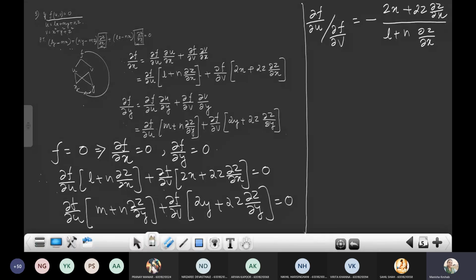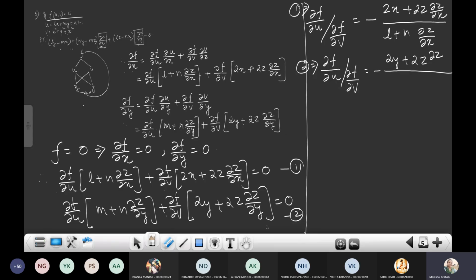So we'll get minus 2x plus 2z del z del x upon l plus n into del z del x. Similarly, let me say this is equation 1 and 2. So 2 will imply what? 2 से हमें मिलेगा same del f del u upon del f del v will be equal to what? Minus, here we will get 2y plus 2z del z del y upon m plus n del z del y.